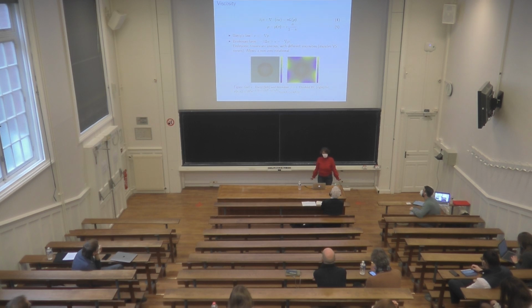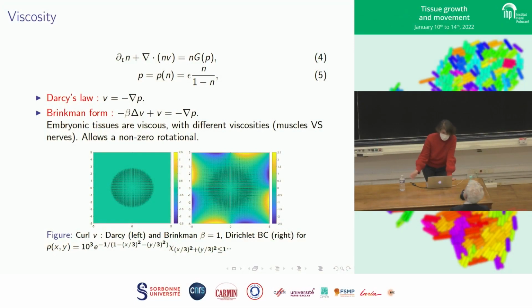Actually, if you take V as a gradient, well, the rotational of a gradient would be 0. Now, if you take V not as a gradient, if you take it as the solution of the Brinkman law, if you're in a bounded domain and you take clever boundary conditions, then you might have a non-zero rotational.